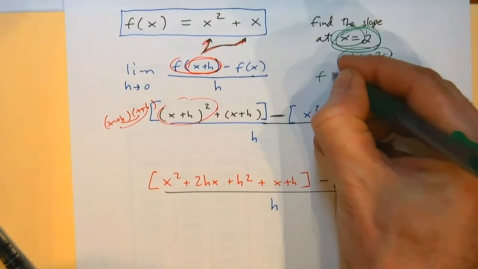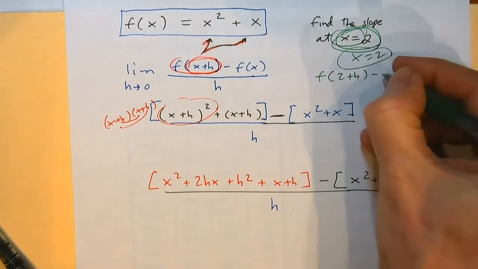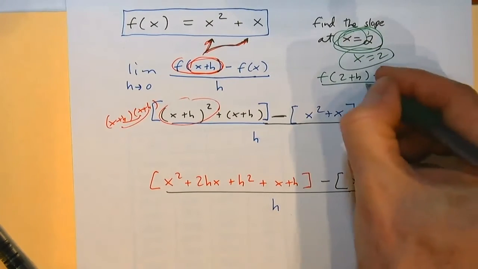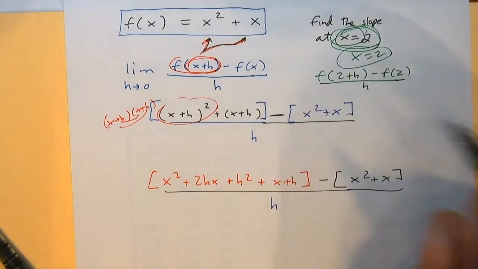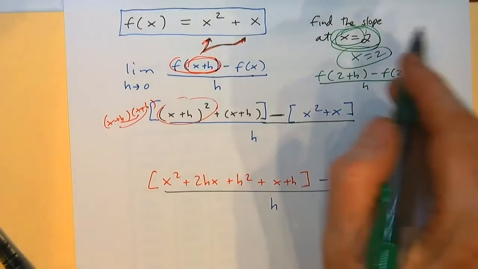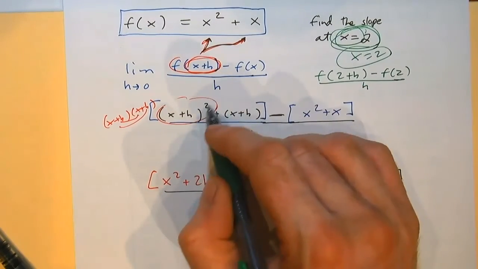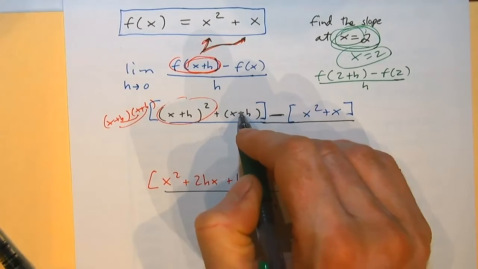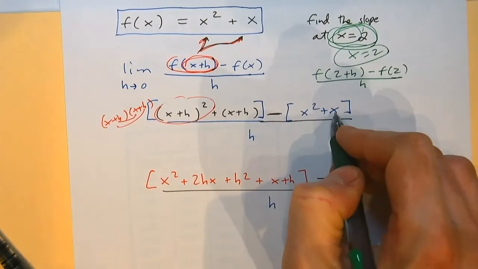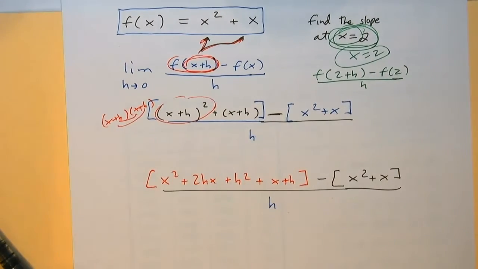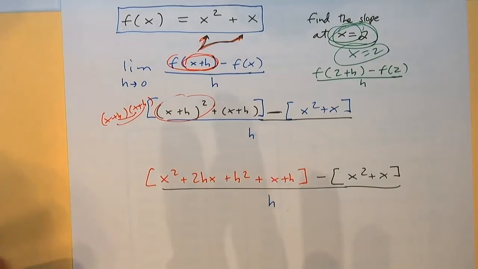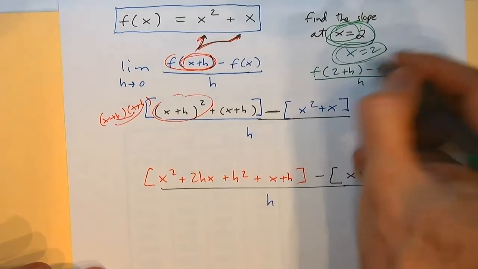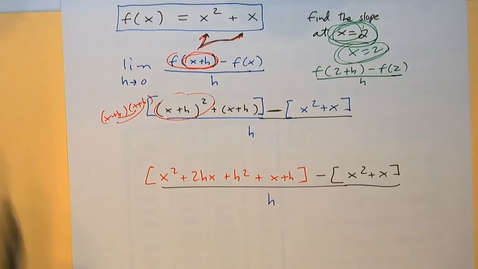I could have just said, let's do 2 plus h minus f of 2 over h. It's still the same. At any point, either right at the beginning, you could have put 2 plus h squared plus 2 plus h, 2 squared plus 2, or you could do it later. I'll do it now. Since x is 2, let's change all these to 2's.